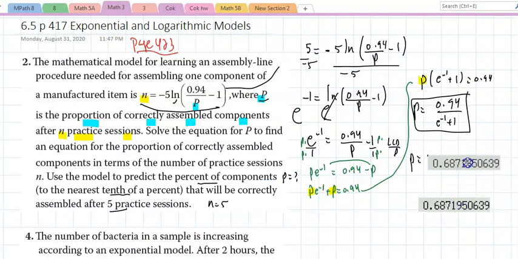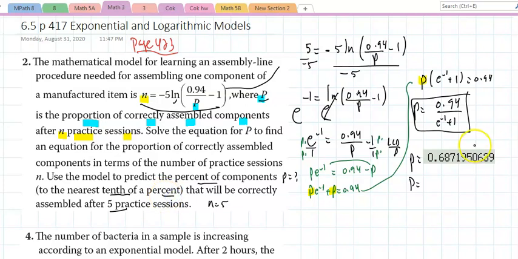So what I'm getting is 0.68. So I'm going to say P is, and they want it to the nearest tenth of a percent, 68.7%. So after 5 sessions, this new employee will be able to assemble 68.7% of the components.